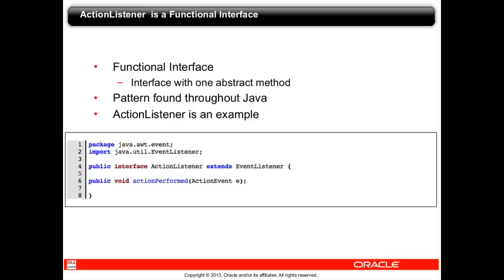For the purposes of Lambda, this is a common pattern throughout Java, and we call this a functional interface: an interface with one abstract method. This is what Lambda expressions are built upon. We'll see more of this. There are some built-in functional interfaces that you can use with Lambdas, and we'll see a lot of examples of that. But this is a great example of one that's already in existing code.